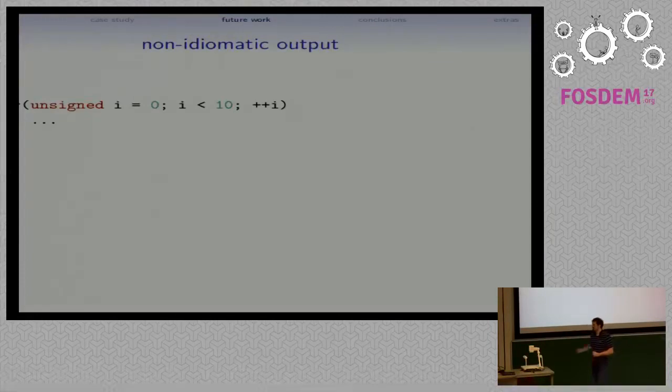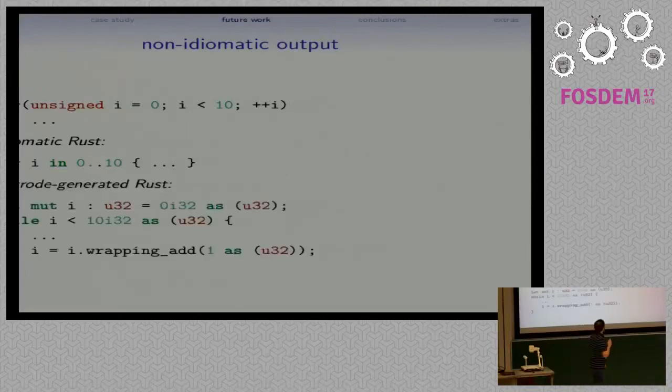So, for example, if I write this C for loop, just a standard C idiom of I go from 0 to 10, not counting 10, the idiomatic Rust version of this is for i in 0..10, right? The Corrode-generated version of this is not nearly so pleasant.